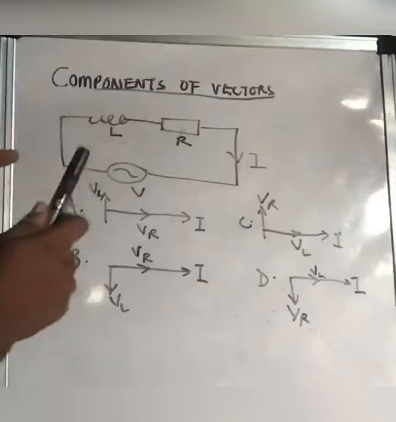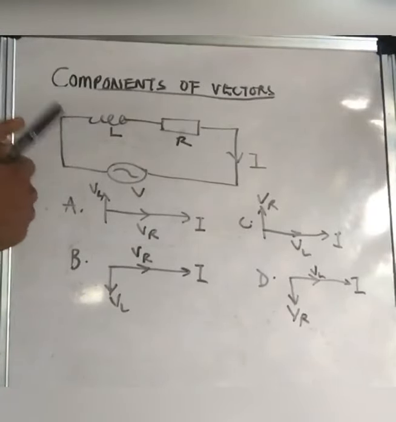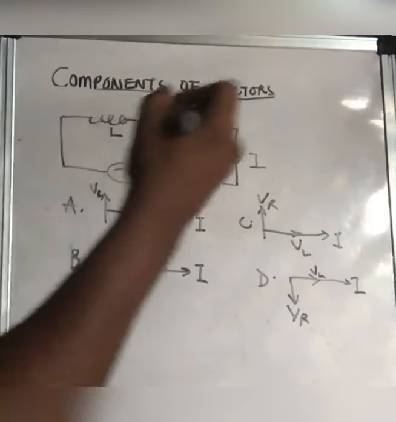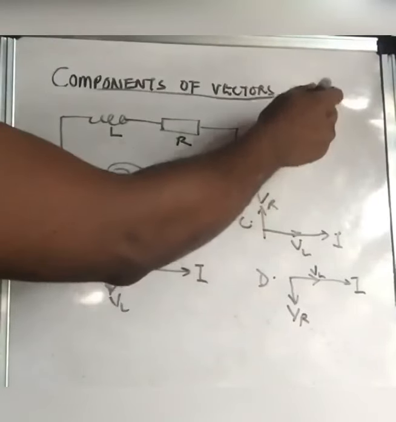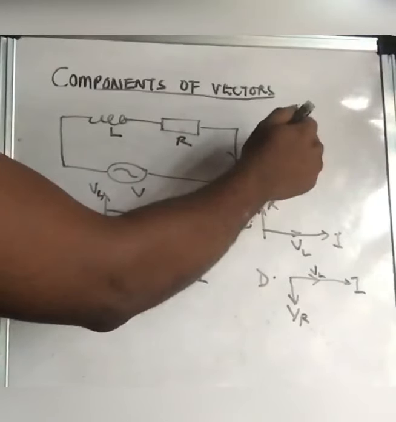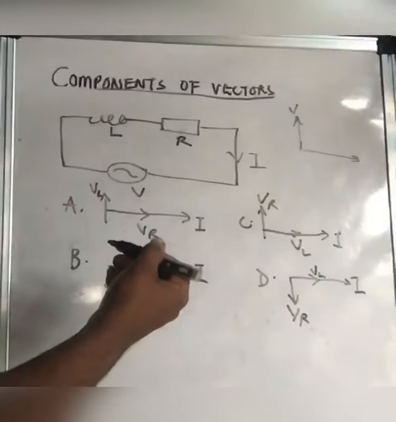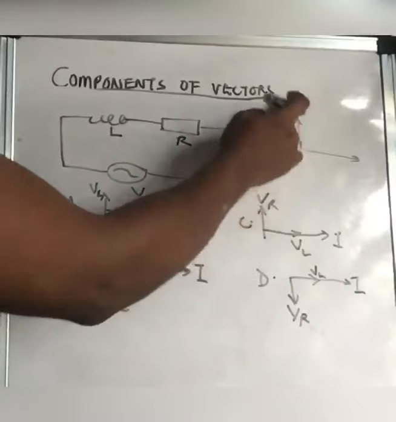Then the other thing you pick out is that the voltage leads the current in this situation. So since the voltage leads the current, the vector diagram should have the voltage that leads up, and the current will be down. The idea is that when you lead, you're up.